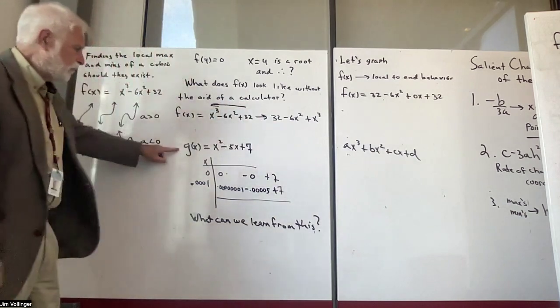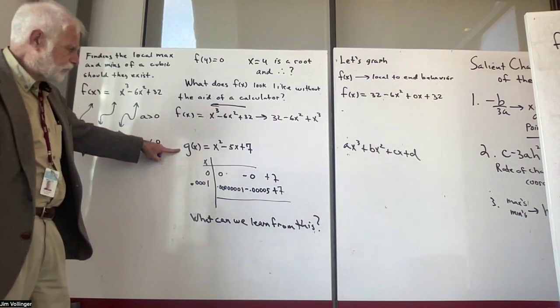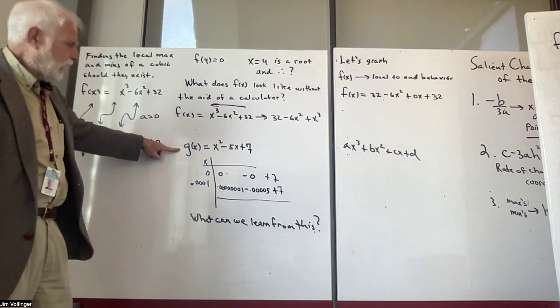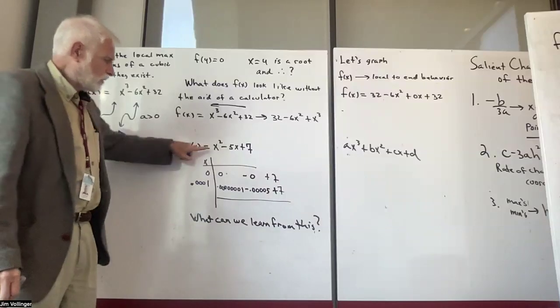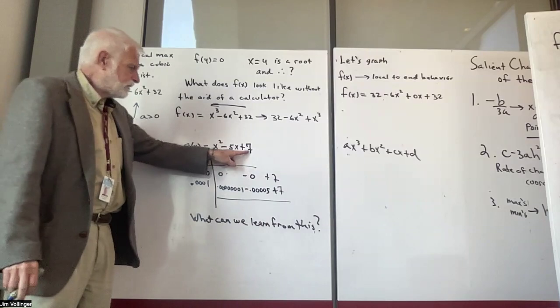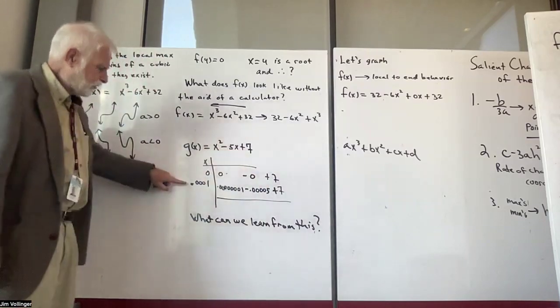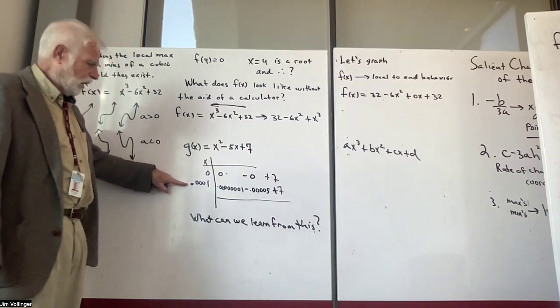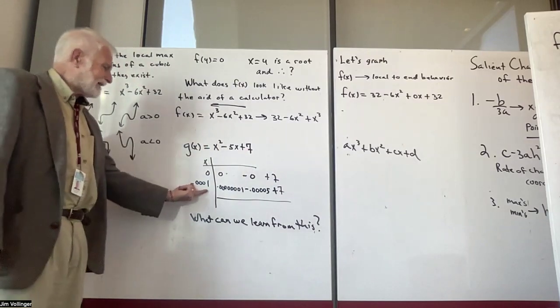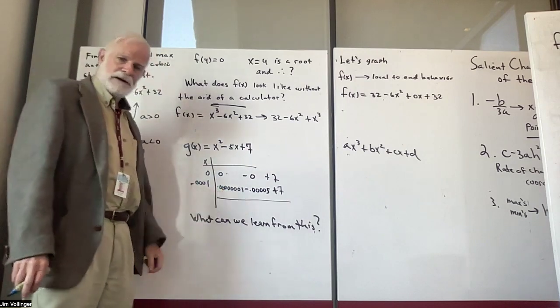So I give an easier situation. This has been done in other videos, but an easier situation to look at the rate of change at 0. So 0 squared is 0, negative 5 times 0 is 0, and 7 is 7. It's not changing, it's constant. What happens if I introduce the number 0.0001? Well, if I square it, I'm going to get 8 decimal places, with a 1 at the end.